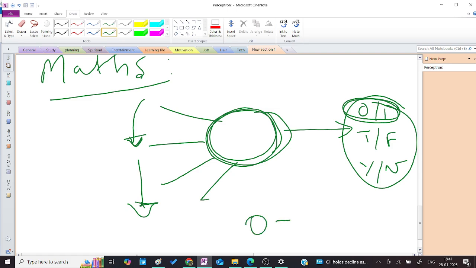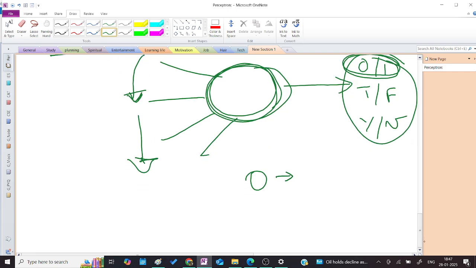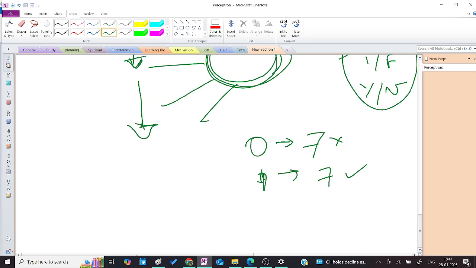If it is 0, we will say that it is false, so the given image is not an image of 7. And if it is 1, then we will say, yeah, the given image is 7.